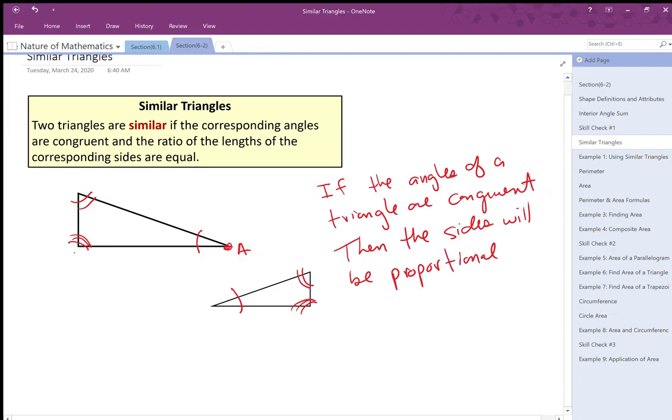And if we call this A, B, and C, and we'll call this X, Y, and Z, we can see that side AB over XY is equal to side BC over YZ, and that is equal to side CA over XZ.